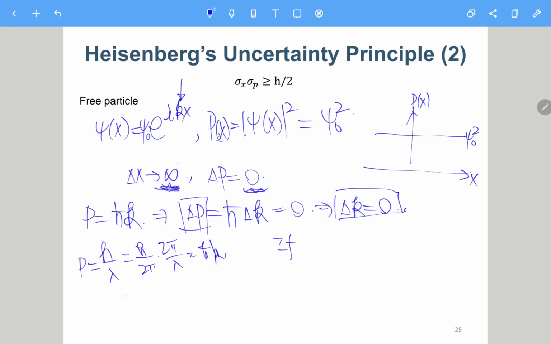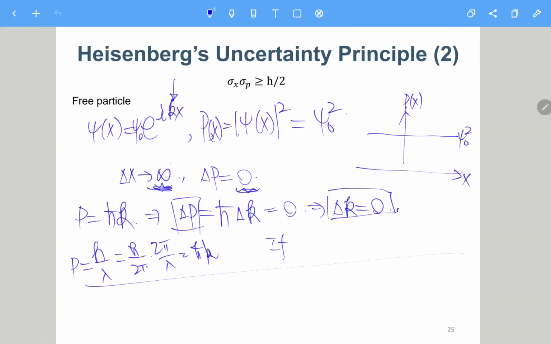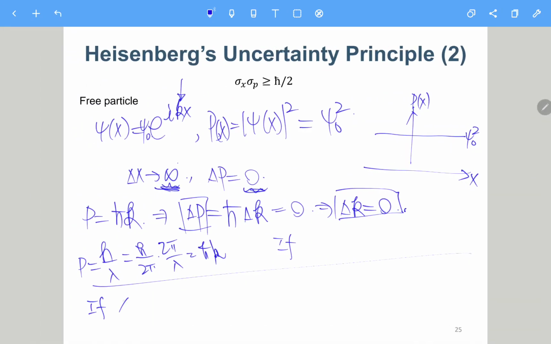But here, if we imagine delta k is slightly larger than 0, which means that in the k domain, it is not a delta function anymore. It is something like this.